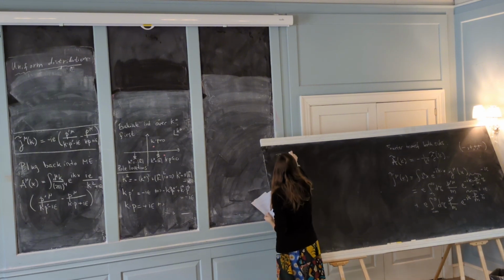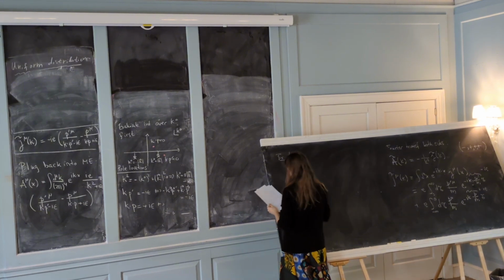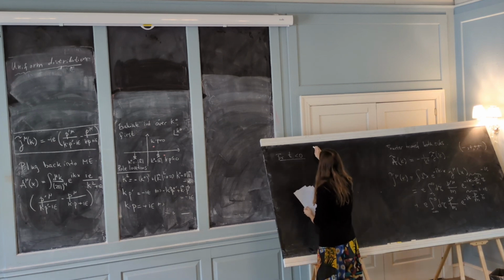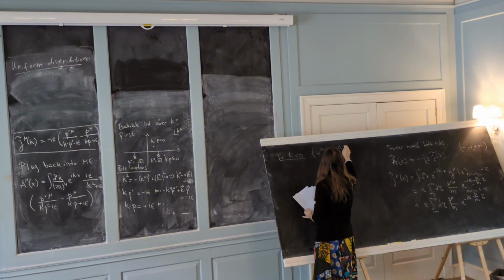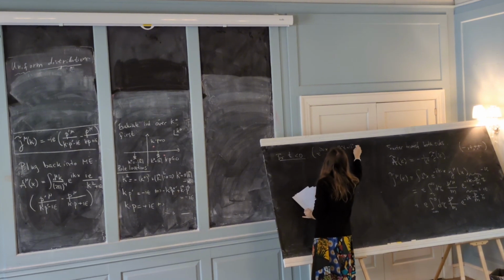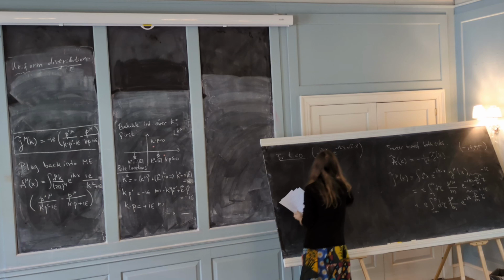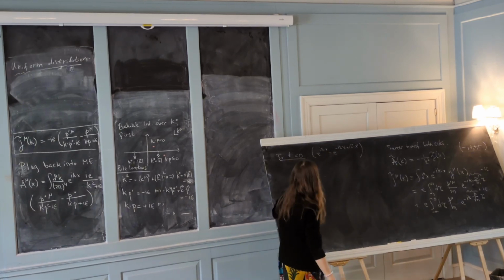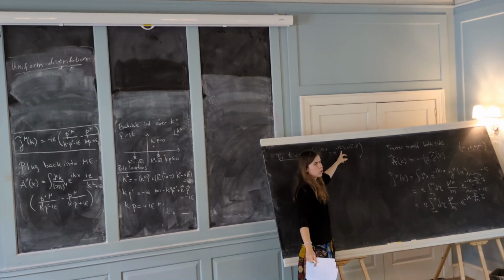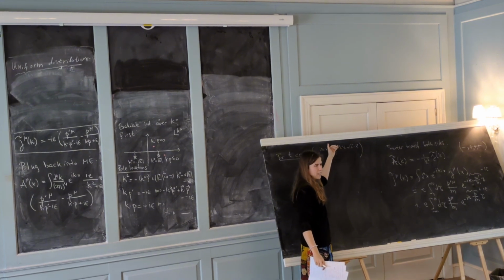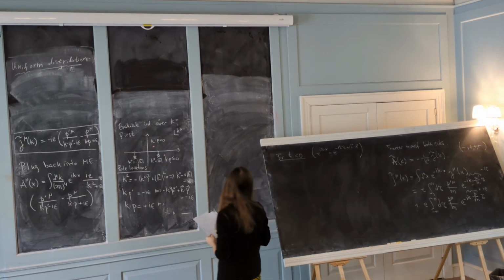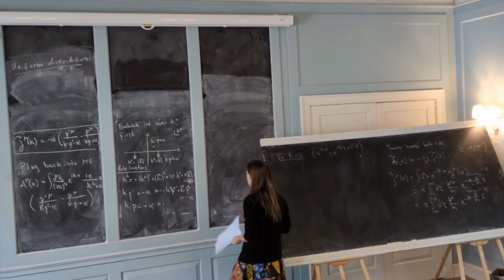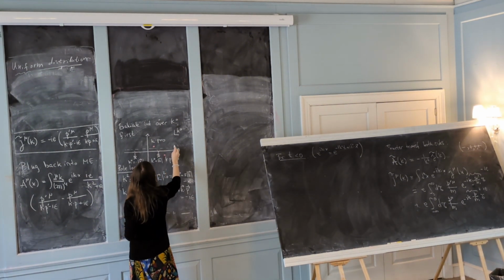For t less than 0, since e to the i k dot x is e to the minus i k0 t plus i k dot x, when t is negative, at large k0 this goes as e to the i times i, and that's minus something large, so that's the place where I should close it, because I want the contribution from the contour at infinity to vanish. So we have something like this.